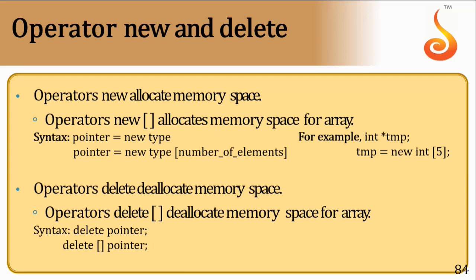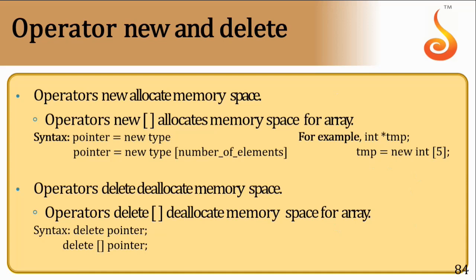It is here. int *temp, temp is a pointer of type integer. That is, it is going to point to a location wherein the integer data is stored. Then temp = new, which is a keyword, to which you are passing the data type. If I say new int, it will only give 2 bytes of memory, because it is for one integer.